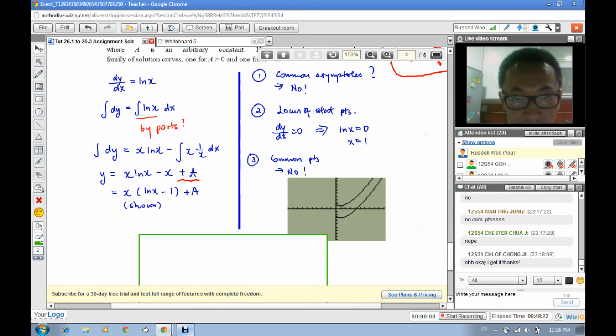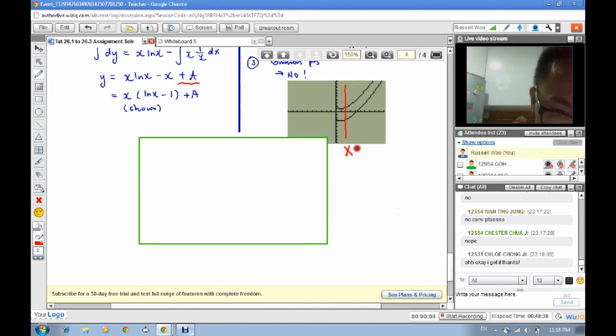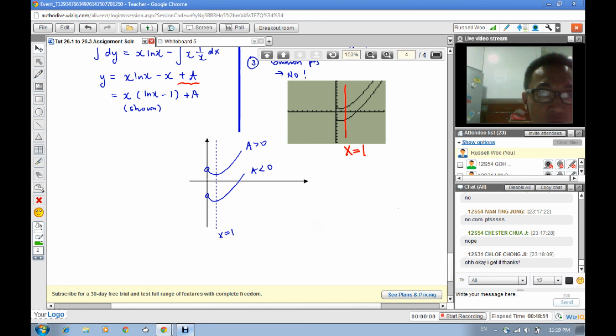This is what you see from GC. Not bad. Quite informative. So let's transfer it onto your graph. And you know that x equals 1 is a locus of stationary point. Looks as if it's correct. So we just transfer it onto your graph for a negative, a positive. The only thing that many of you will miss out is the hollow circle. Anybody would like to explain this hollow circle?